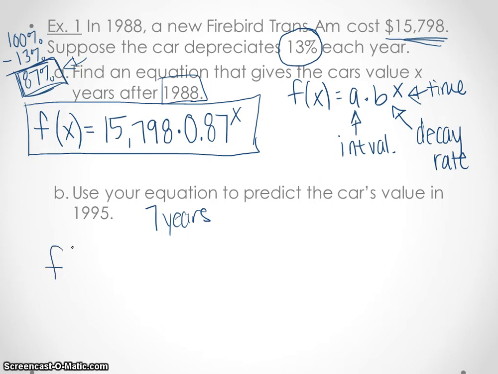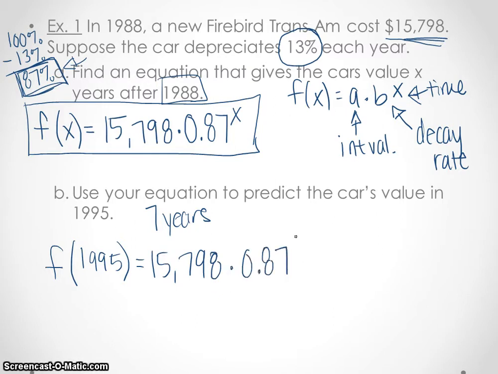So f of 1995, or 7 if you want to put 7 in there, equals 15,798 times 0.87 to the 7th power. I know these differ, and usually our x's don't, but that's just because we did the math already. If you had your x minus 1988, you'd put that right into your equation too, and then they would match.